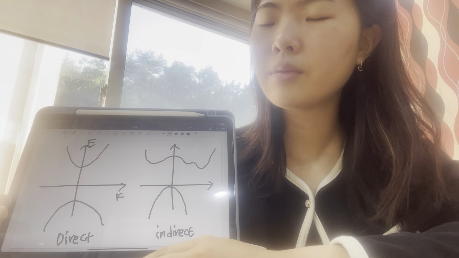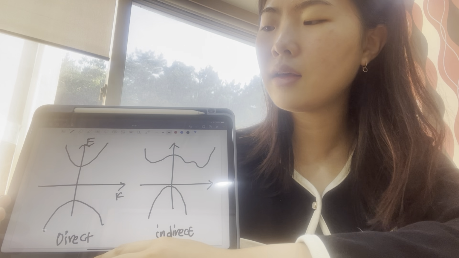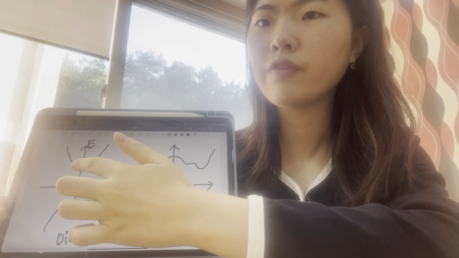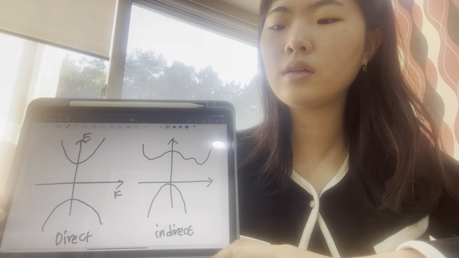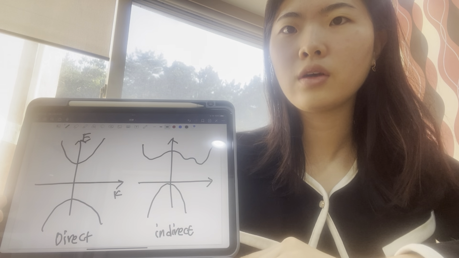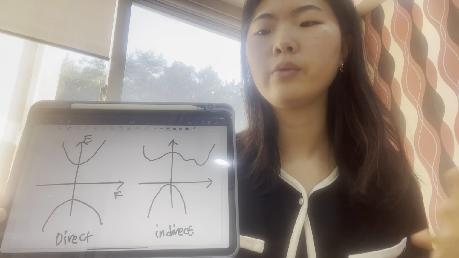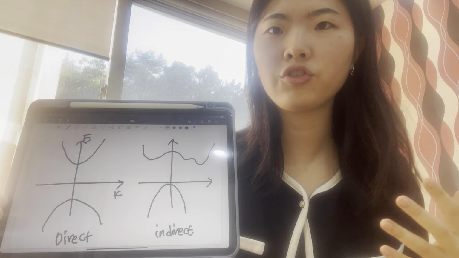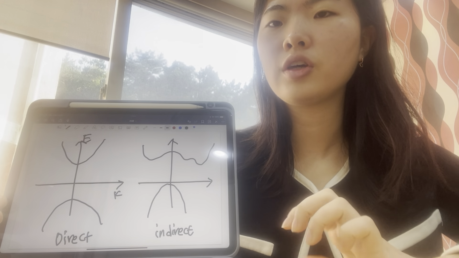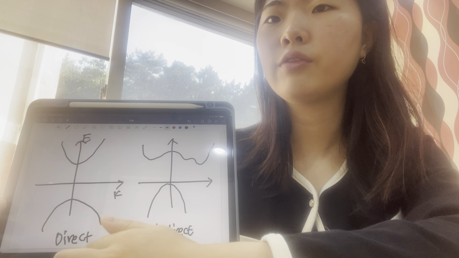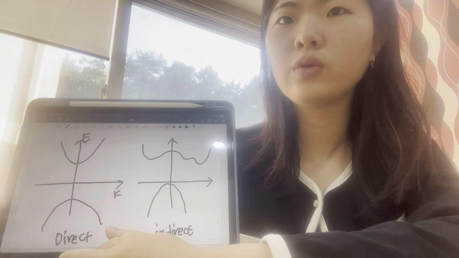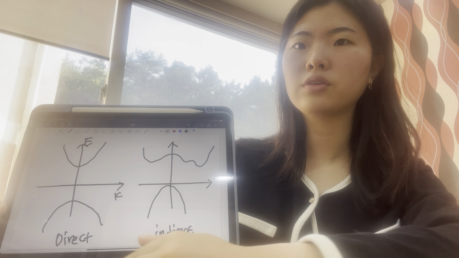So this is the direct case, and in this case, a carrier can move very easily because that carrier will not lose its energy. So there is no energy loss in this case. It is a very ideal case and very useful for our semiconductor work.